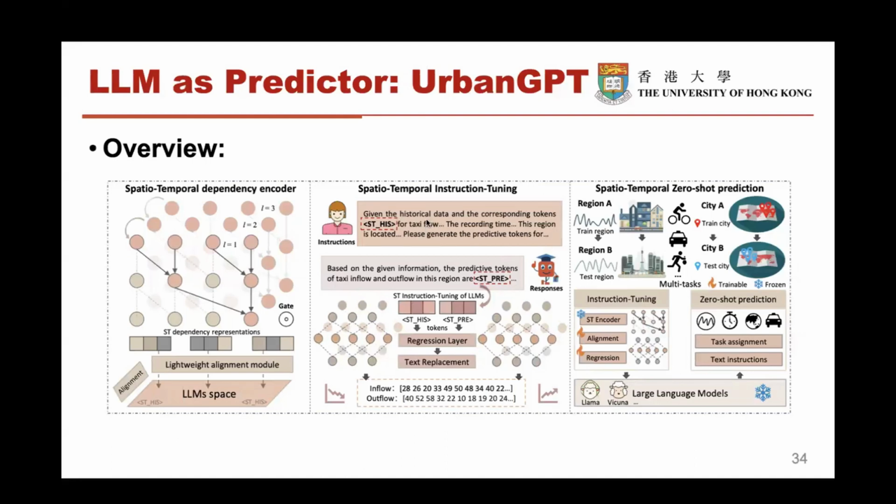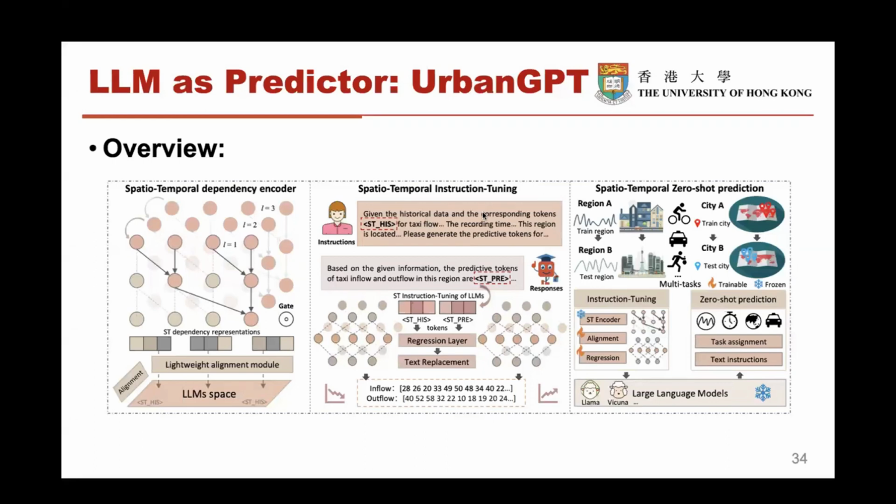For example, the text might say the spatial temporal data is bike and taxi data in some region of NYC, and the time range is from such and such to such and such.